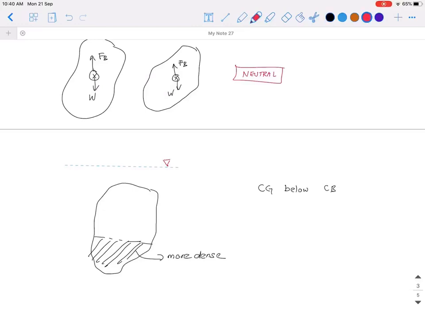This is the condition for stable equilibrium of a fully submerged body. We want CG to be below CB. This can be achieved by making the bottom half of the body more dense than the top one. So let's stop here, and we will discuss stability of floating bodies in the next video.